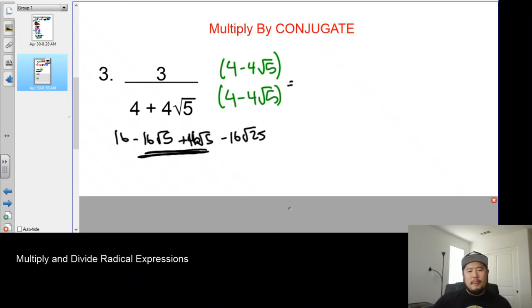So all you really need to worry about are the first and last terms. Let's say I didn't do all this foiling. I just multiplied the first, that's 16. The last terms, once again, when I multiply, it's negative 16 rad 25, and we need to simplify that.